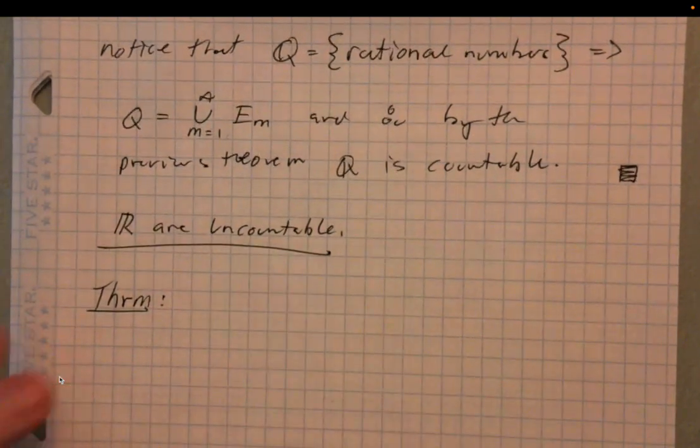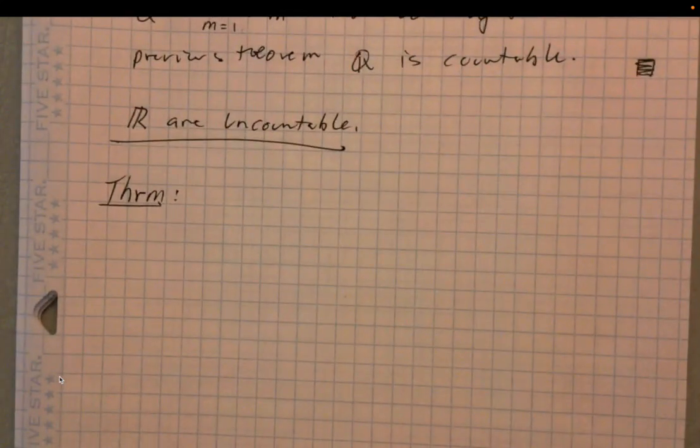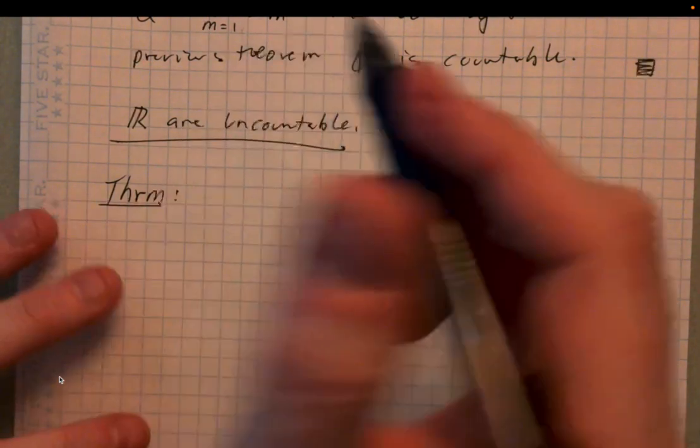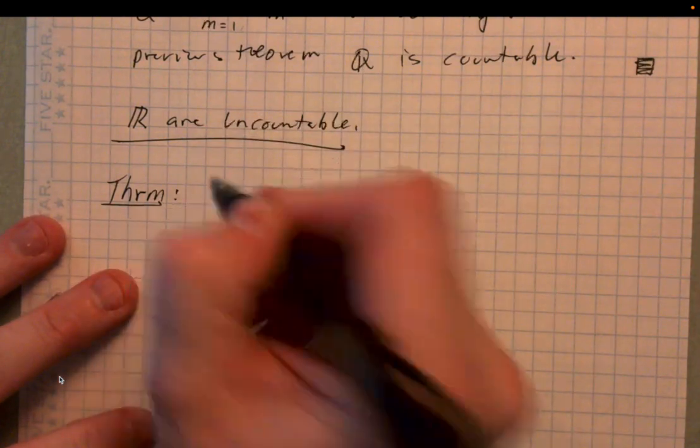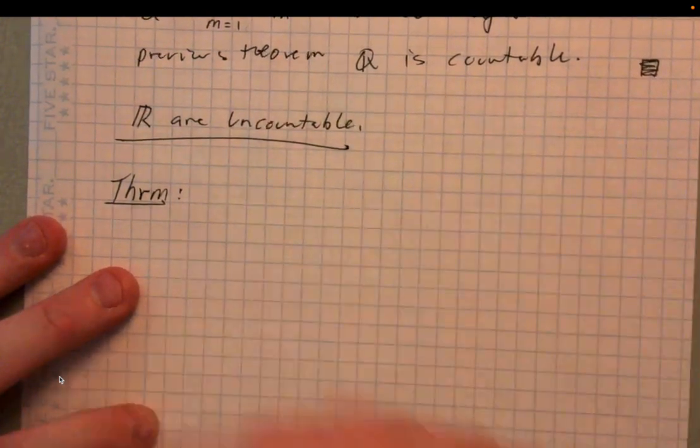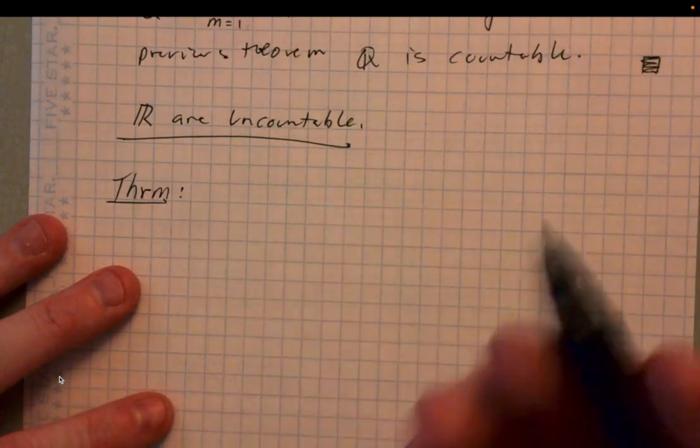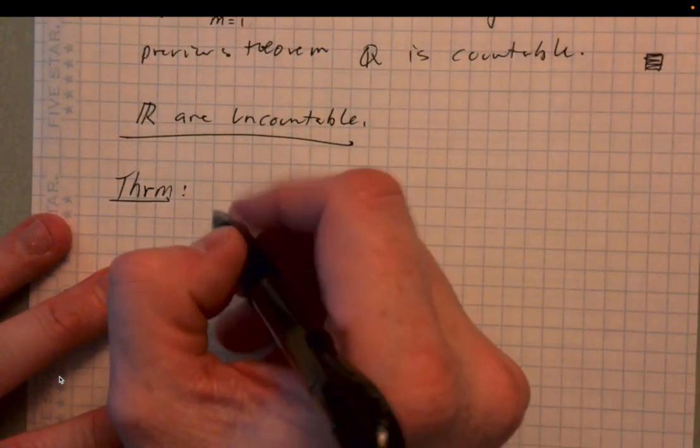Right, and the way that we get to R being uncountable, we kind of make it easy on ourselves, and we just start by showing that a subset of the real numbers is uncountable, and by extension, all of the real numbers are uncountable. It can be proven in a number of ways, or there are variations, but this is the one that I think is the best.